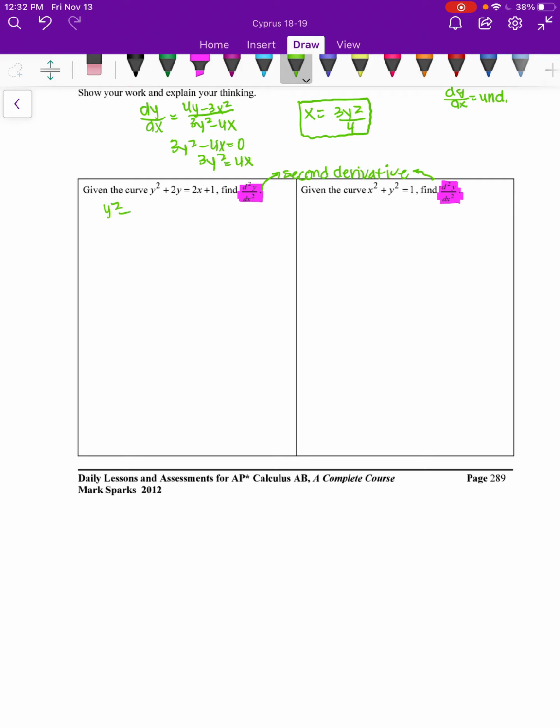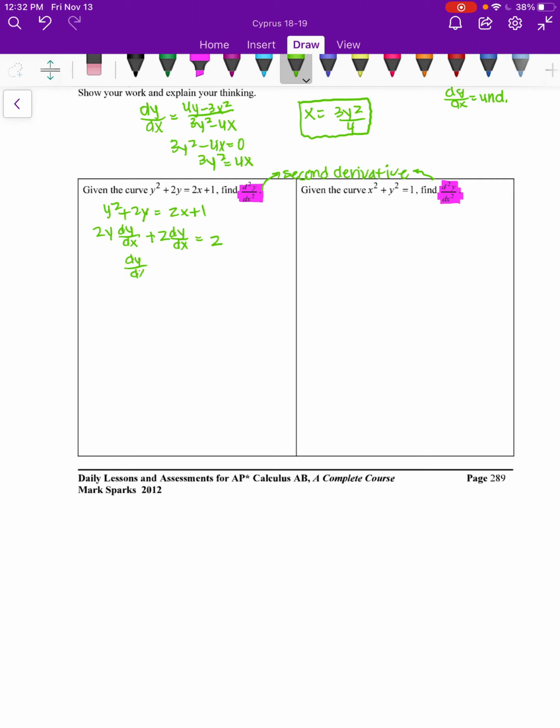So on this first one, we have y squared plus 2y equals 2x plus 1. Let's find dy/dx first. So dy/dx, we have 2y dy/dx plus 2 dy/dx equals 2.